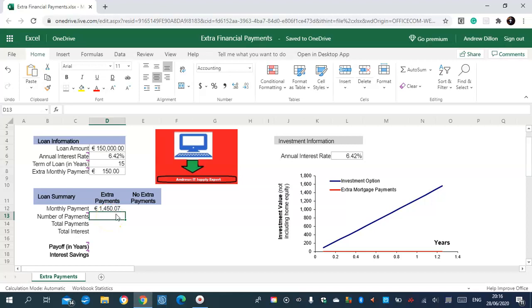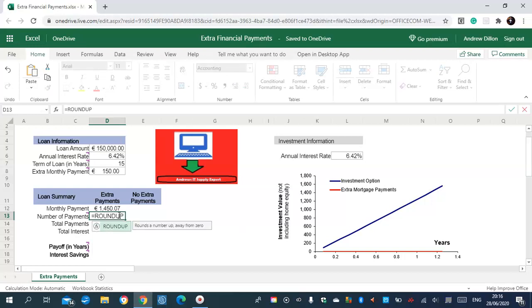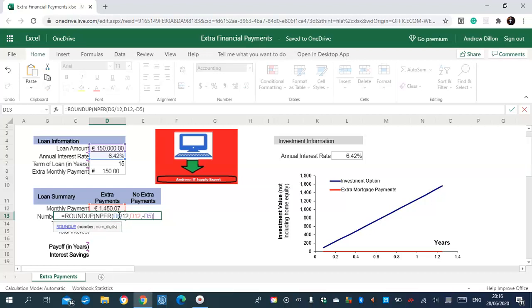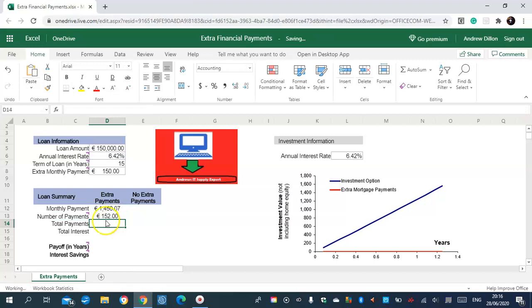Okay, now let's calculate the number of payments. Oh, that's correct. The answer for that is €152.00.